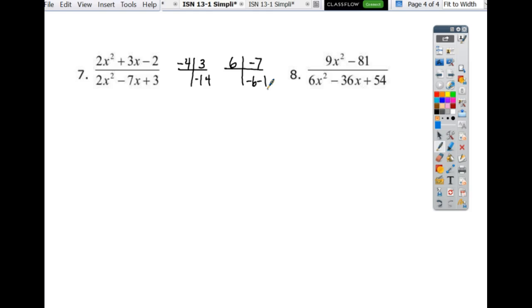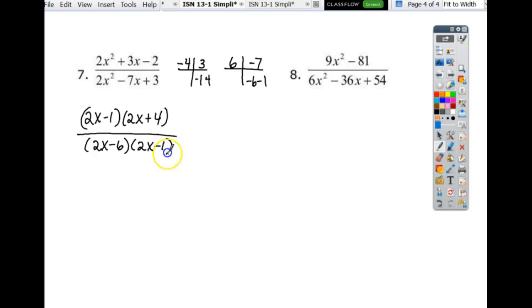But now this time, what's the leading coefficient? 2x squared, right? So I'm going to have 2x minus 1 and 2x plus 4. And then on bottom, I'm going to have 2x minus 6 and 2x minus 1.